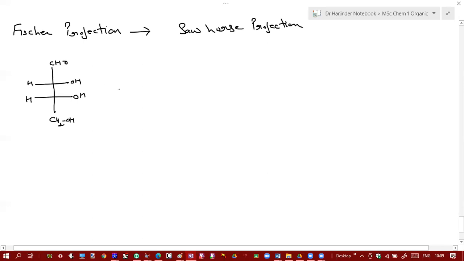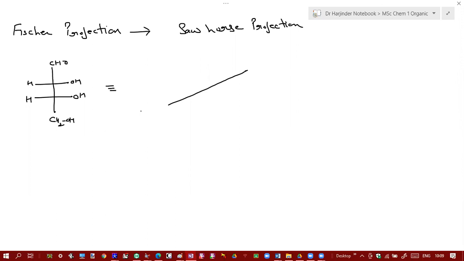Yes, sir. And how will we convert them into Sawhorse projection? So first of all, how do we view the molecule in Sawhorse projection, from the front or diagonally? Diagonally. So we draw a diagonal line. Now the next point: Fischer projection always gives which conformation? Eclipsed.